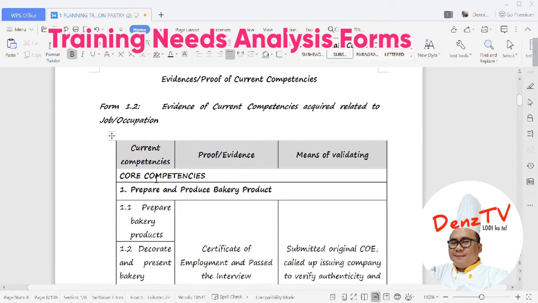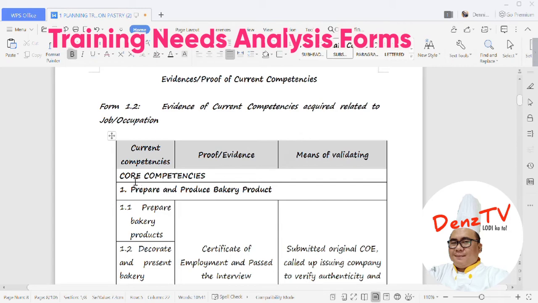But take note, I want you to include basic, common, and core for you to be able to master the 3 regulations of TISTA. So include basic and common here.